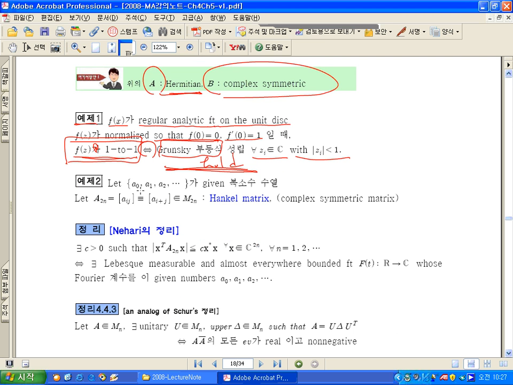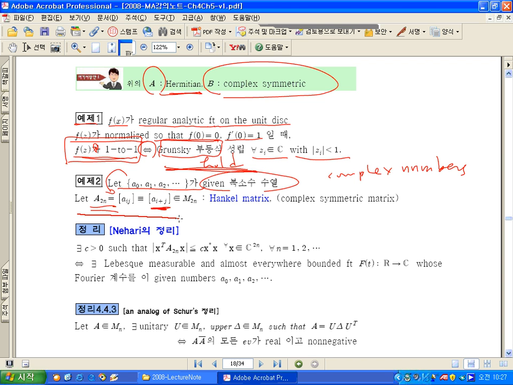And also, when a0, a1, a2 and so on are a sequence of complex numbers, then we can form a 2n by 2n matrix, A_2n, whose entries are a_(i+j) from this sequence.